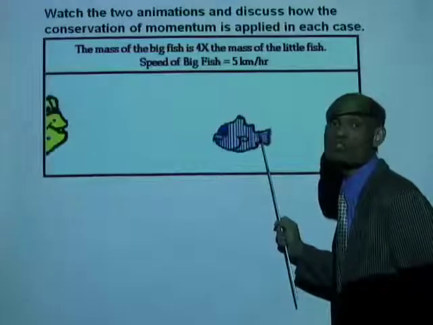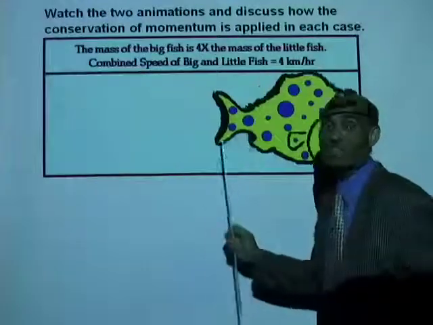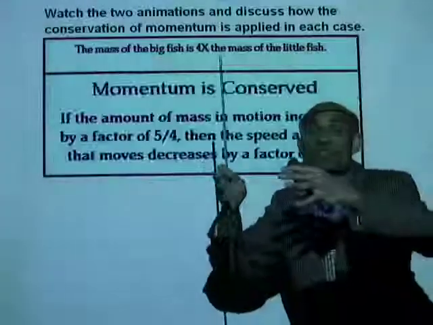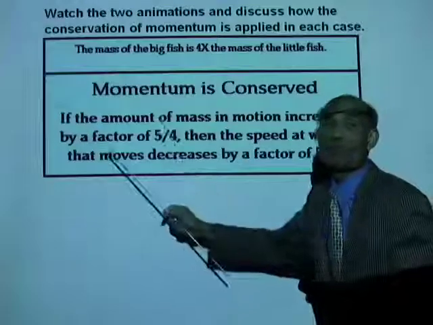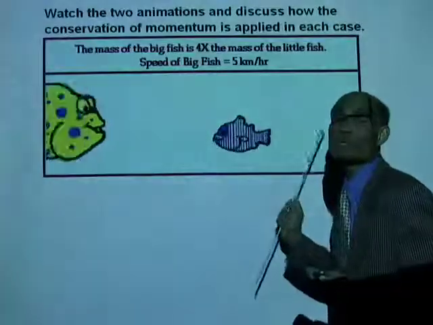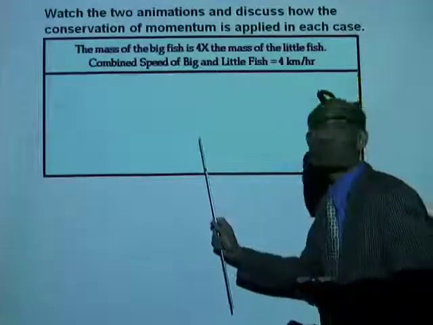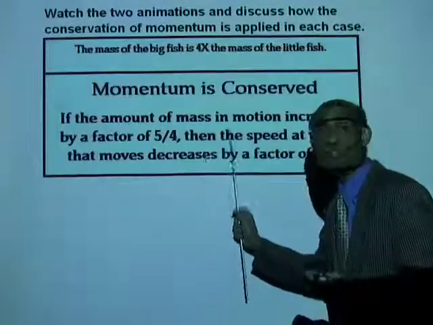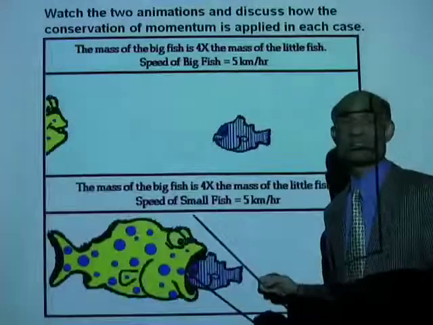What happened to the speed of the combination? Now the action here is the big fish swallowing the small fish. The total momentum before collision must be equal to the total momentum after collision. That means after the big fish has eaten the small fish, the speed of the combination will be less.